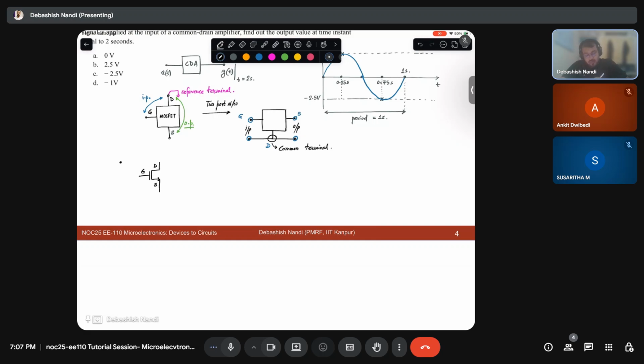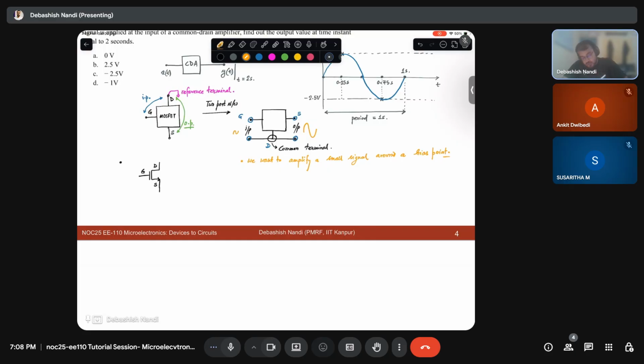So what do I want to amplify? Basically, we want to amplify a small signal around a bias point. This we have discussed earlier as well, in the initial lectures: what small signal means and what a bias point is.